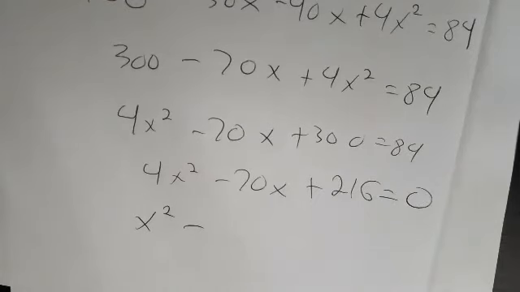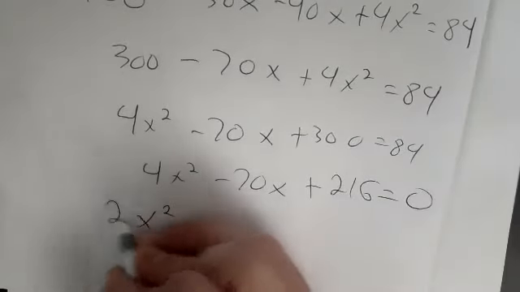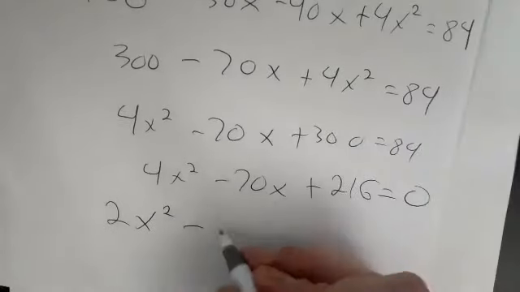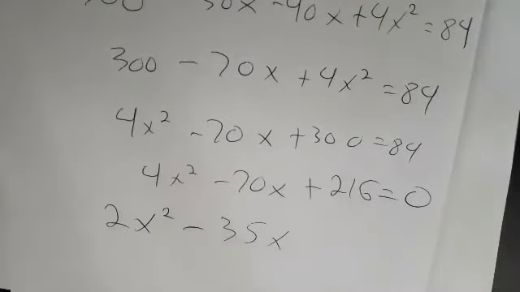70 divided by 4. Oh man, it doesn't. Everything is divisible by what? 2? Everything is definitely divisible by 2.